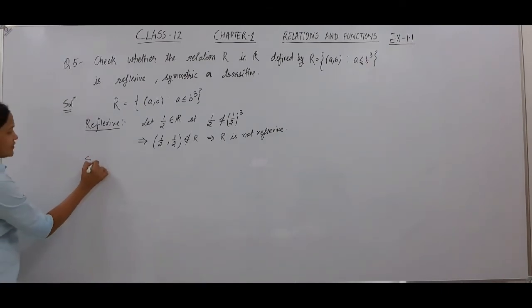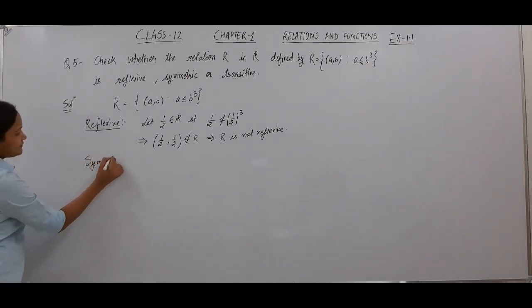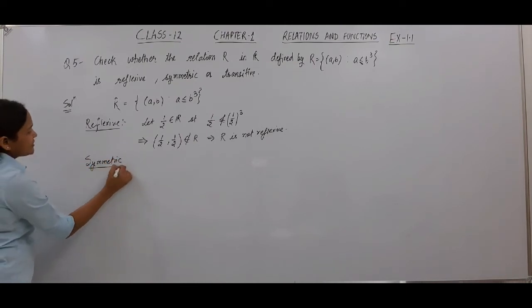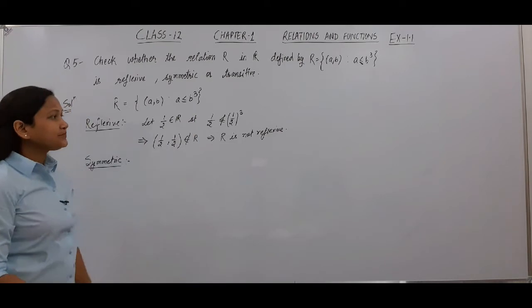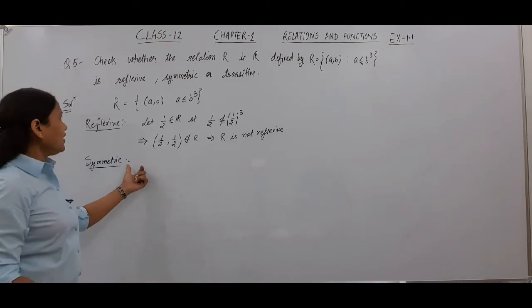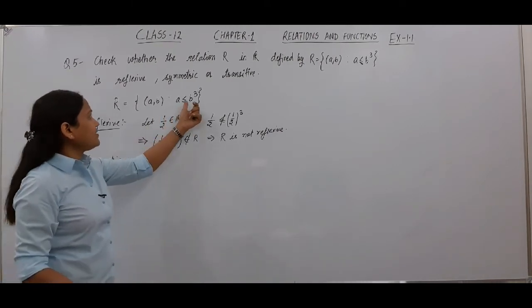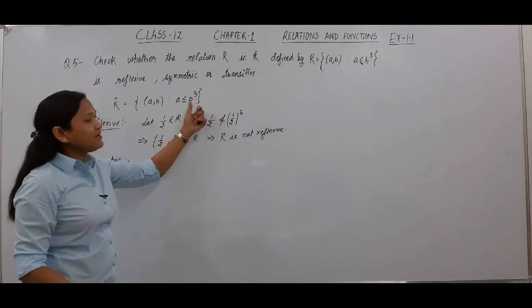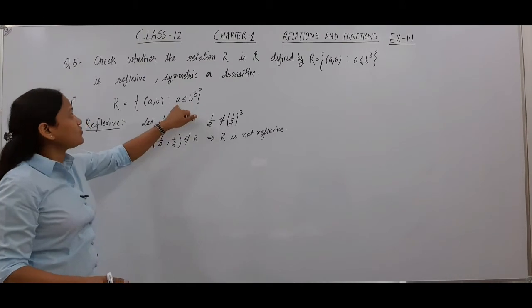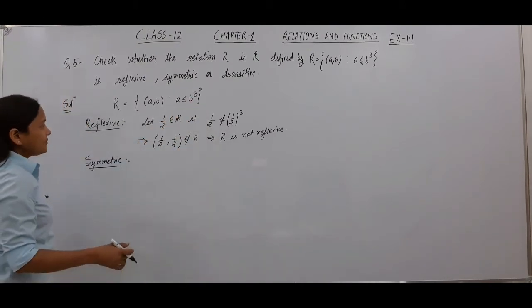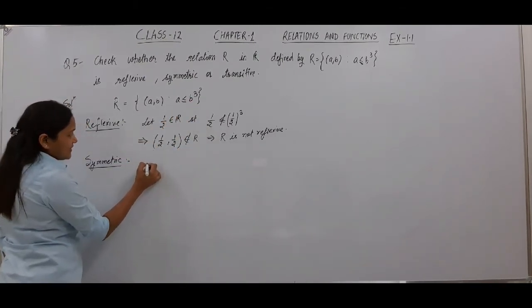Now check for symmetry, whether your relation is symmetric or not. In the set of real numbers, this is also not possible that if one real number is less than equals to other, then the other will also be less than equals to the previous one. So let us create an example.